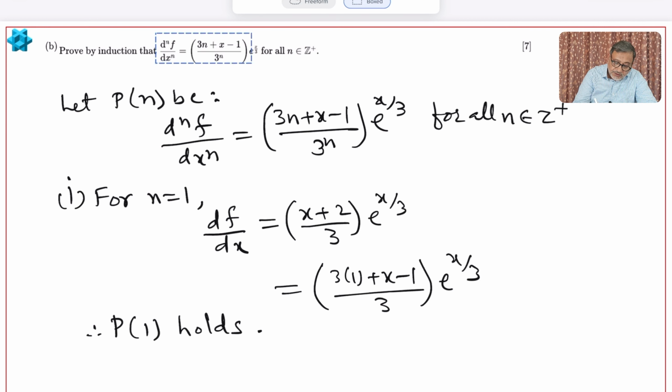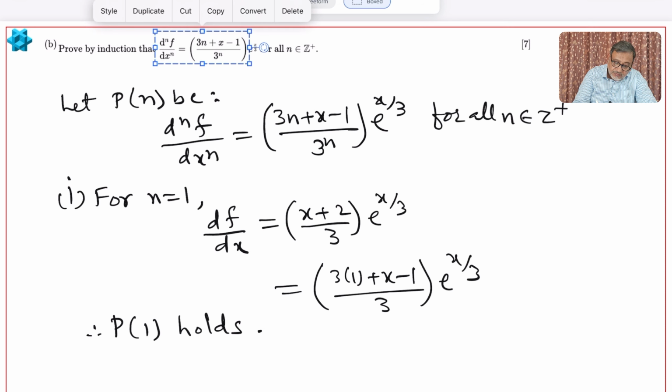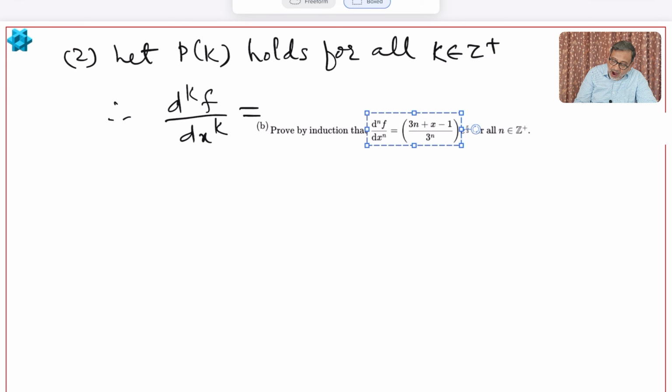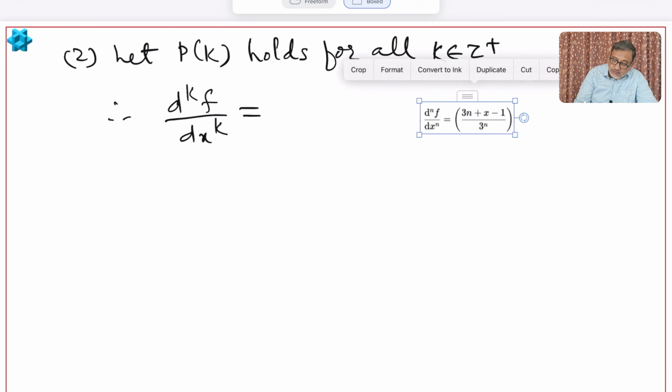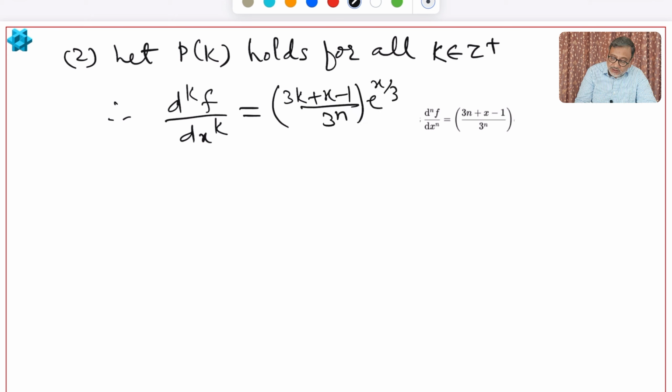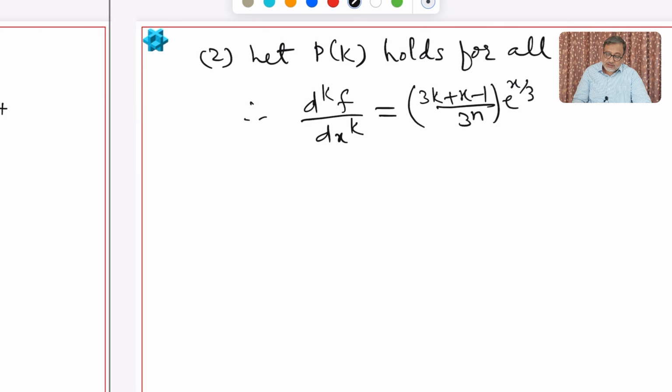So let me copy this there for reference. Okay, so I can write (3k plus x minus 1) over 3 to the power k into e raised to x by 3. That had not come with this, but it was there, e raised to x by 3.